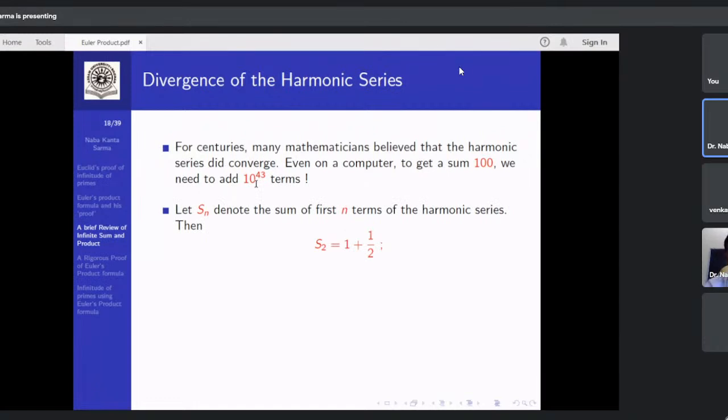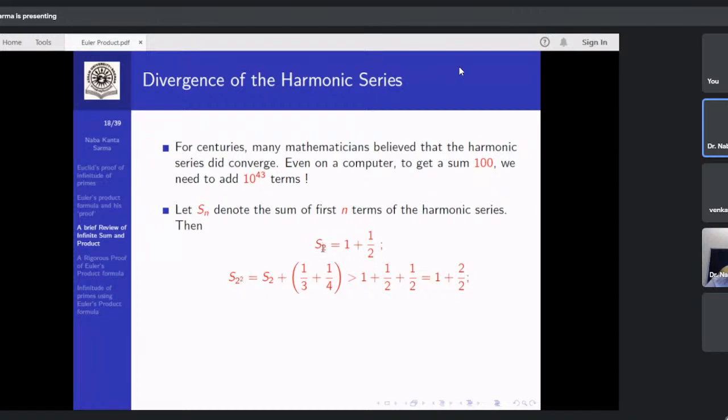So how to see this? This is a very simple proof. Suppose Sn is the sum of the first n terms. Then what will happen to this S2? This S2 is the sum of the first 2 terms, so this is nothing but 1 plus half. And then what is S2 square? This is S4, the sum of the first 4 terms.